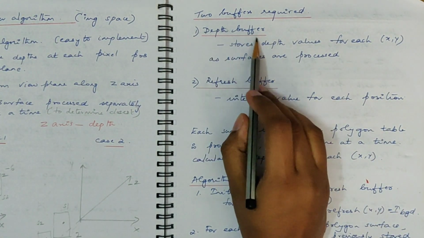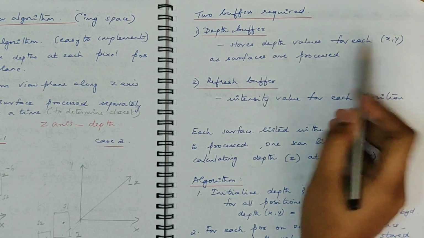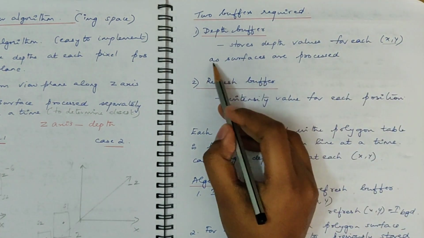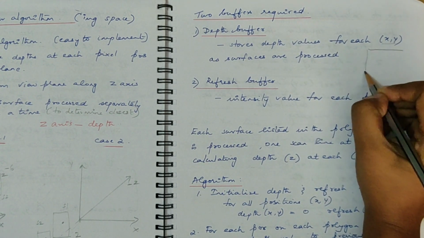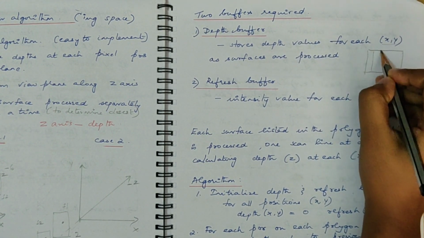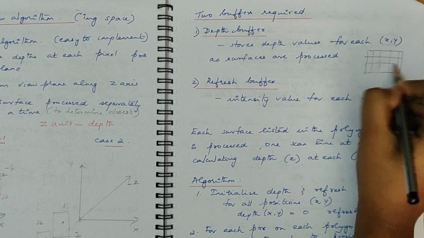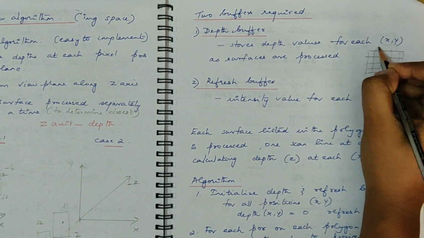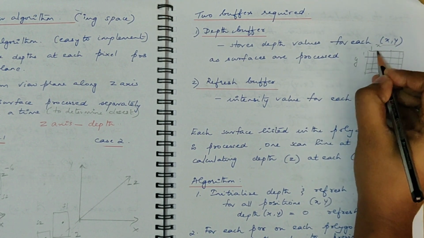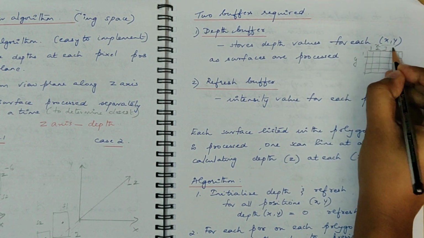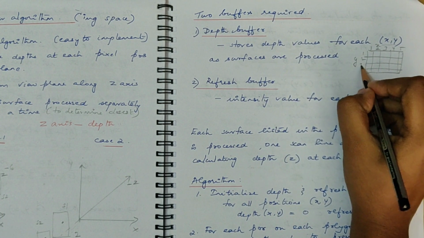The depth buffer stores the depth value for each xy pixel position as the surfaces are processed. So it will be a buffer of this format where you have the x and y values, say this is the x values and this is the y values: 1, 2, 3, 4, 5 and 1, 2, 3, 4.